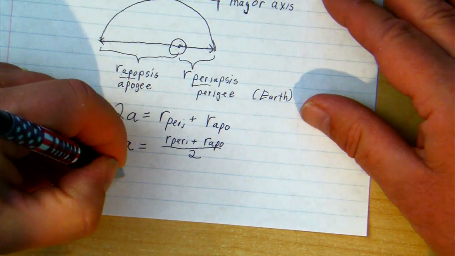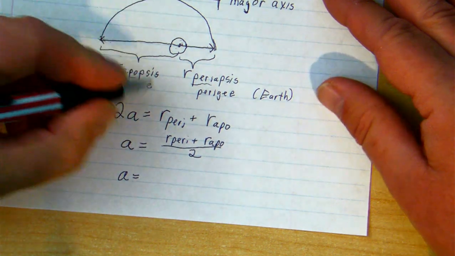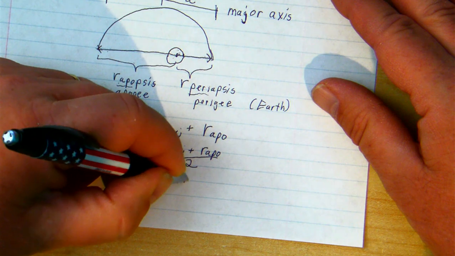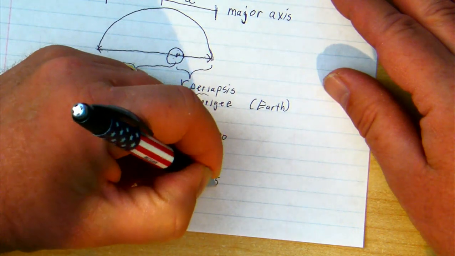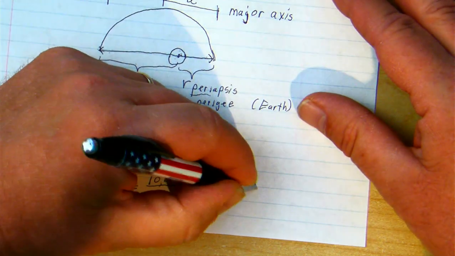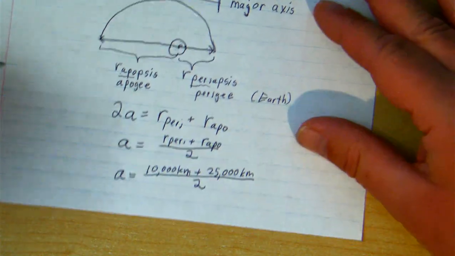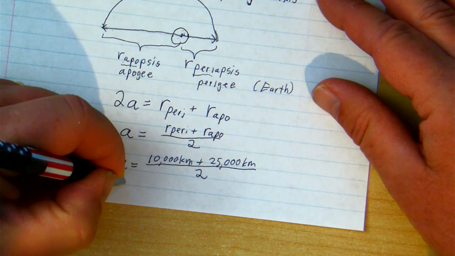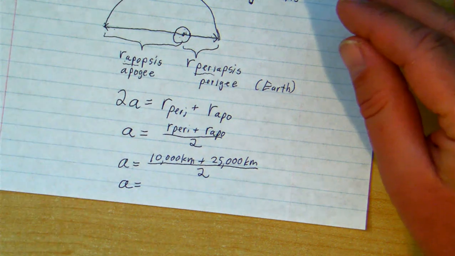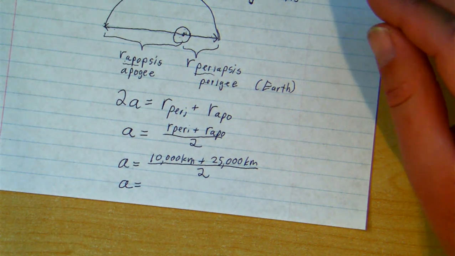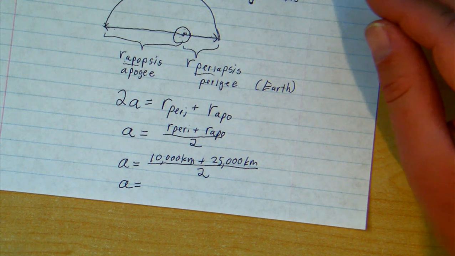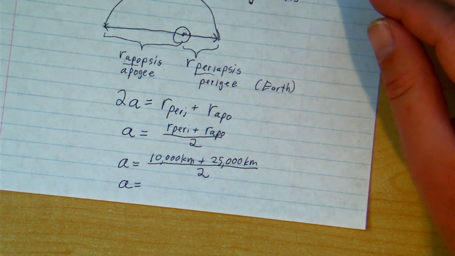In this example, the semi-major axis would be 10,000 kilometers plus 25,000 kilometers divided by 2. Well, 35 divided by 2 should be 17.4, unless I'm getting too old for this. 35 divided by 2 is 17.5, I should say.